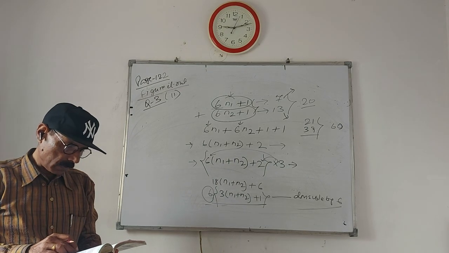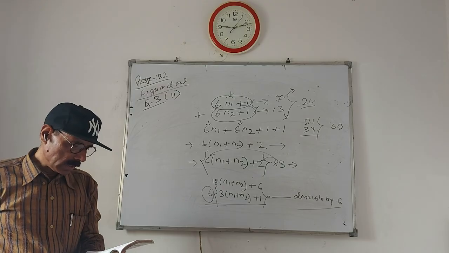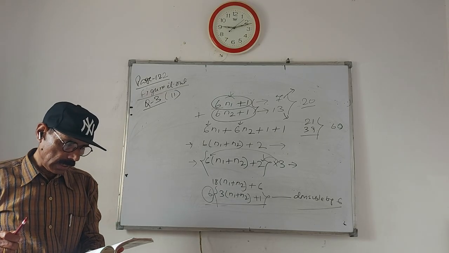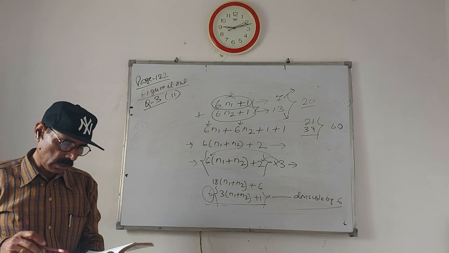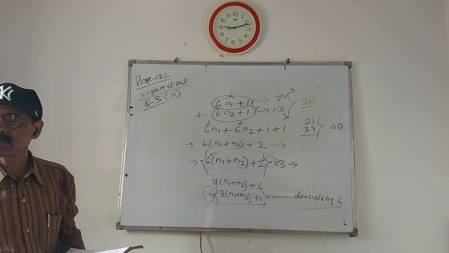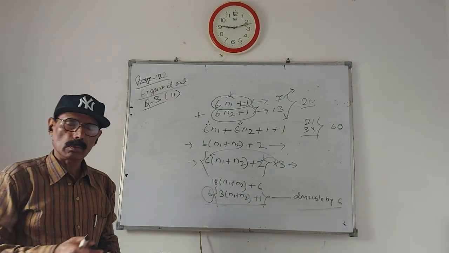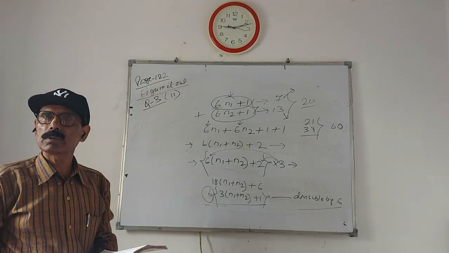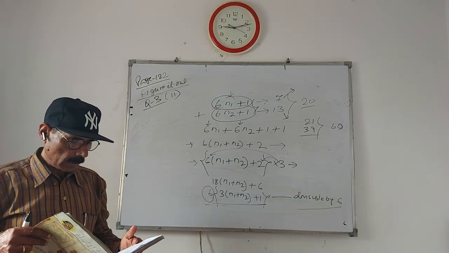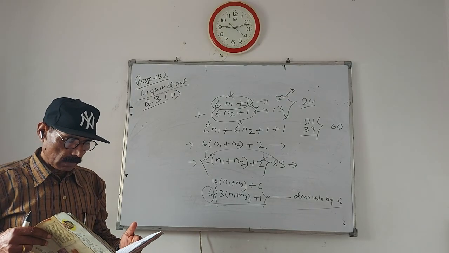Okay. The sum of a multiple of 6 and a multiple of 9 is a multiple of 3. Is it correct? Sum of a multiple of 6 and a multiple of 9.